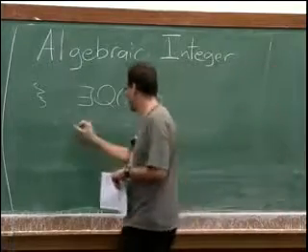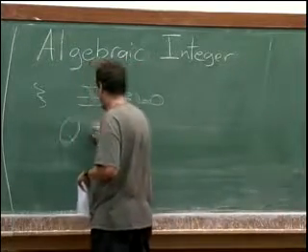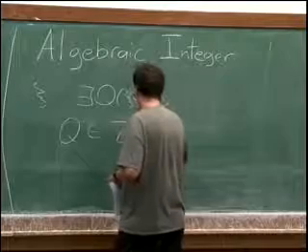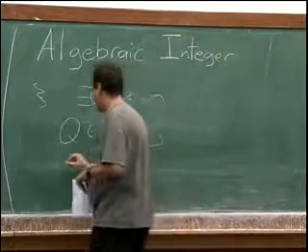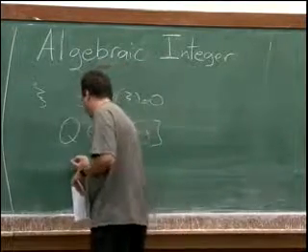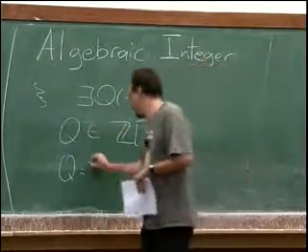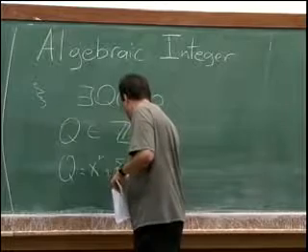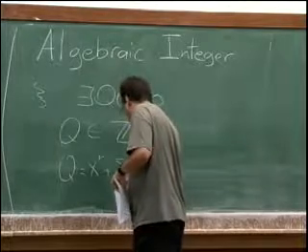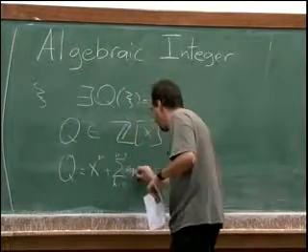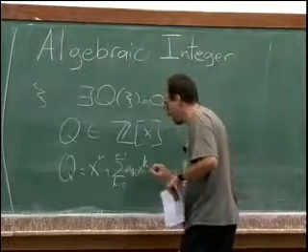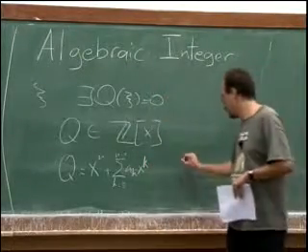So what does it mean? It has integer coefficients, everyone knows. And monic just means that the top coefficient is 1. Okay, so this is called monic.